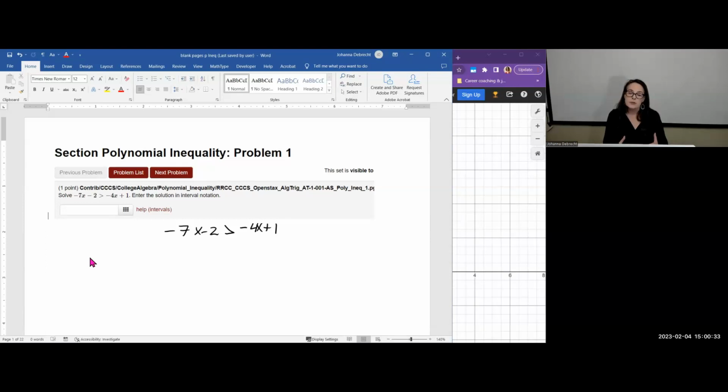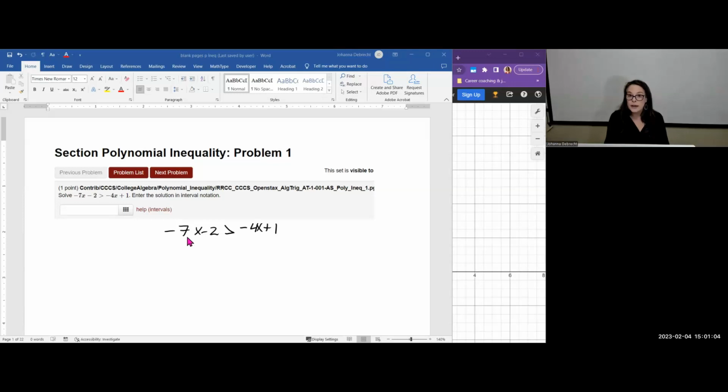So when I add and subtract to get all my variables on one side, I look for the smallest of the two variable terms so that when I move it, it becomes positive on the other side. In this case, I'm looking at the negative 7x here and the negative 4x here. Negative 7 is to the left of negative 4 on the number line, so it's the smaller one.